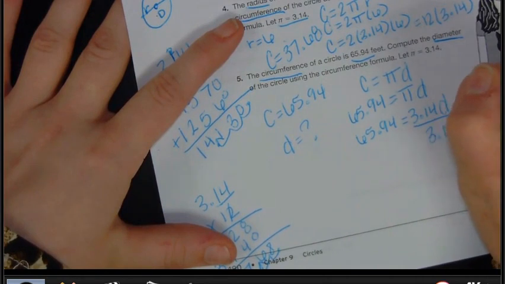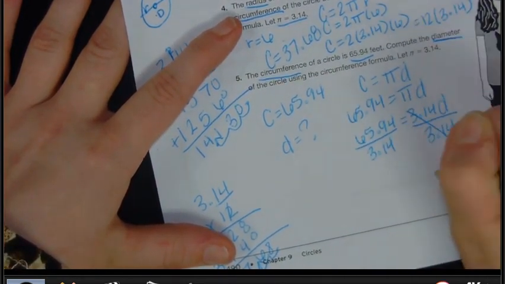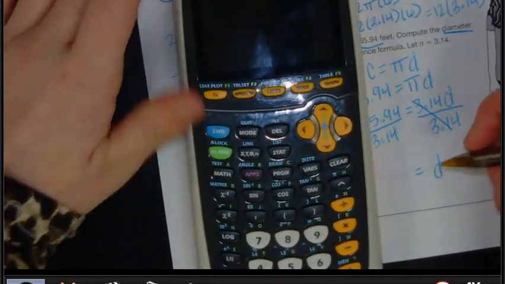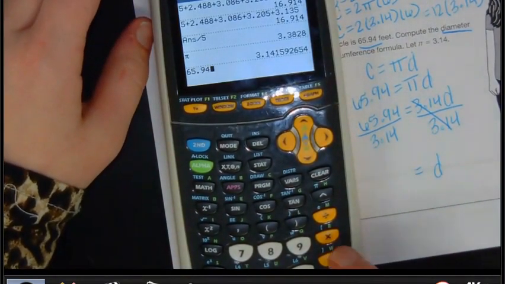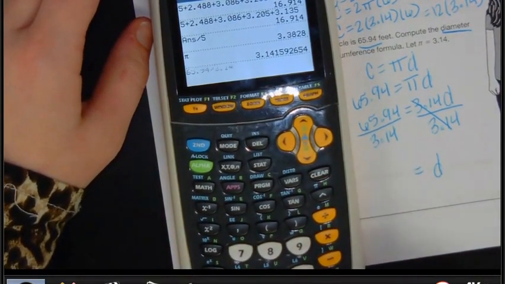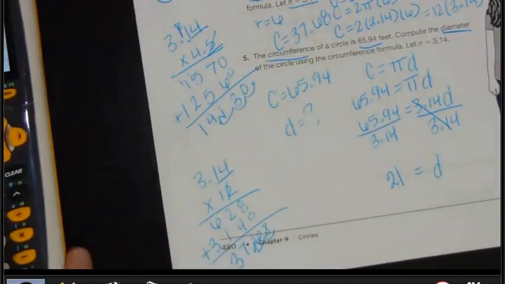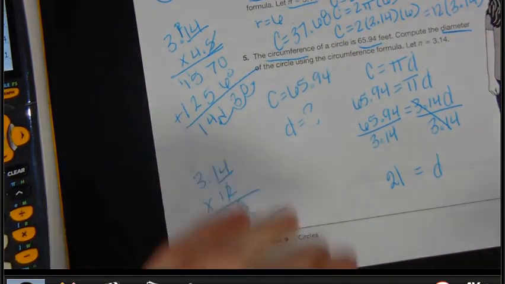Division. So divide by 3.14 on both sides. And D is going to equal, we're actually going to check on the calculator. I'm not going to make you do that by hand. 65.94 divided by 3.14. And my diameter should be 21.